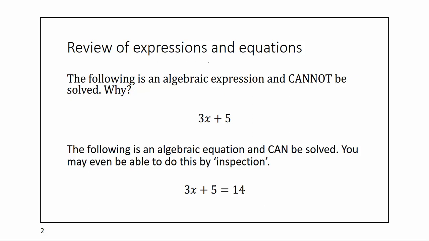A review of expressions and equations. They mean two different things, and this is the first thing to note. The following is an algebraic expression and cannot be solved. Now, why can't it be solved?